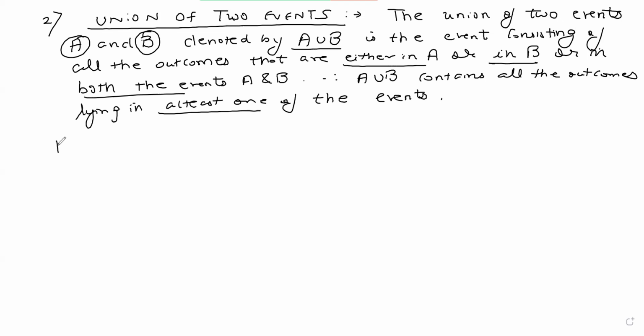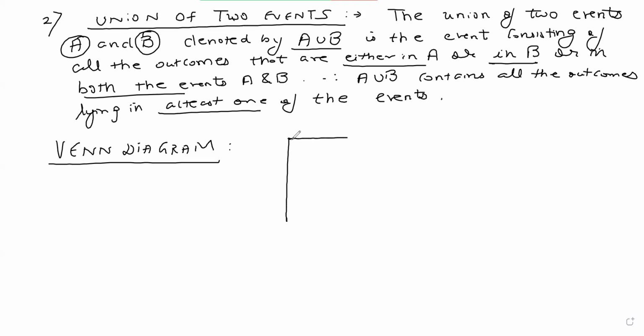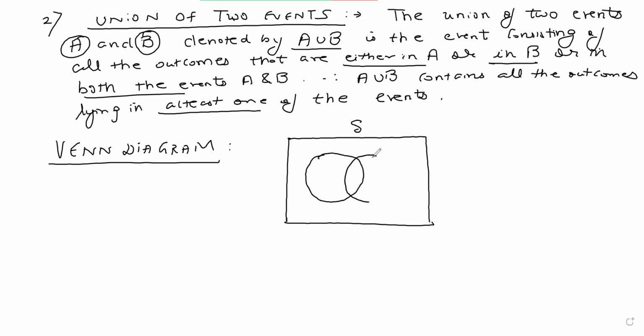Okay, so if I draw a Venn diagram to show union, again, this is my sample space, delta. This is event A, this is event B. Suppose both of them are also intersecting each other.